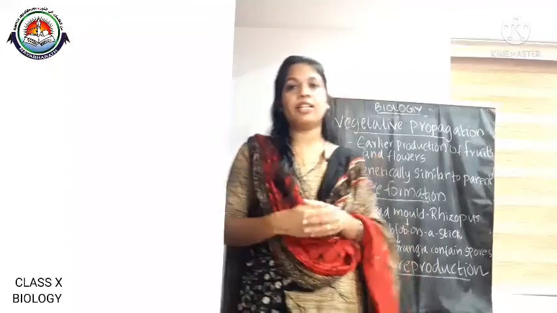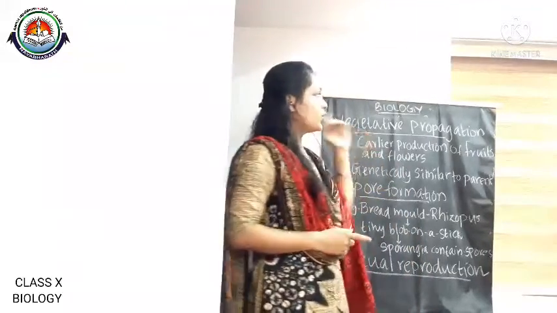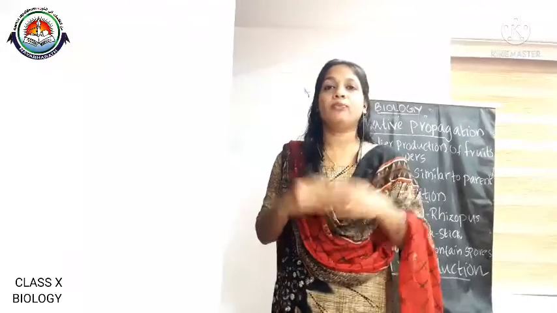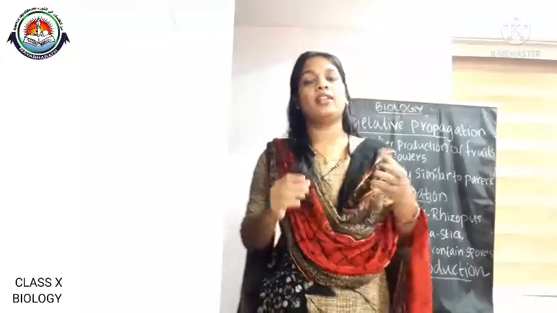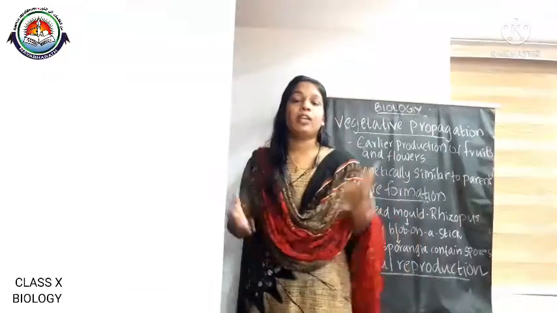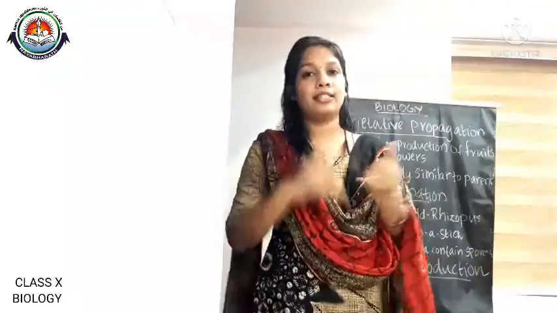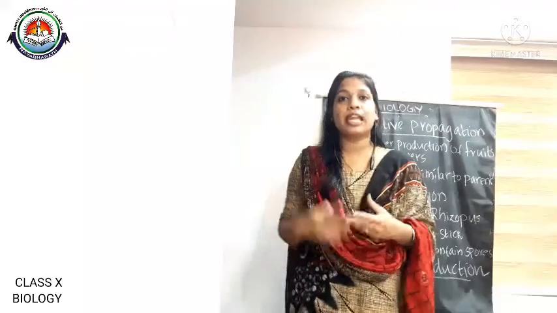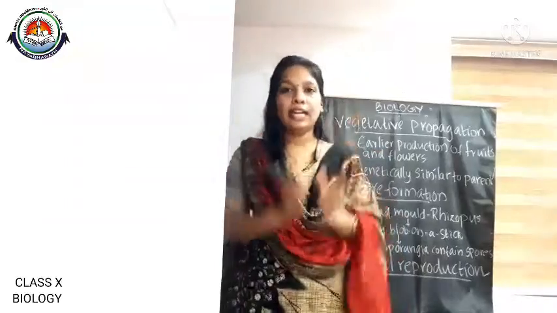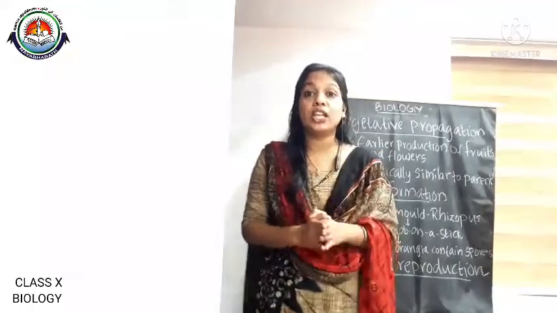In today's live class, we discussed vegetative propagation, and we know that in some plants like rose, sugarcane, grapes, etc., plant parts like stems, roots, and leaves can be used for producing a new plant. That method is called vegetative propagation.